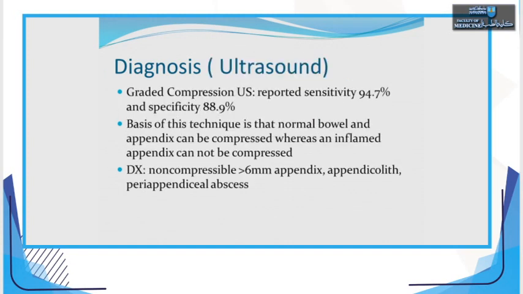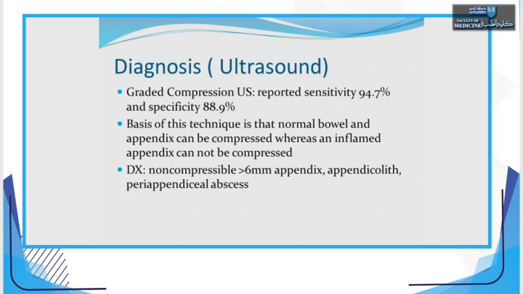Ultrasound as an imaging technique is very important, especially in children and in women in the childbearing period, because CT can be injurious to these two types of patients due to increased exposure to X-ray. So ultrasound is very important.